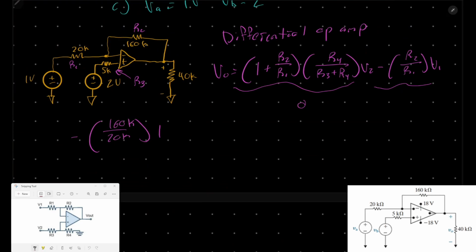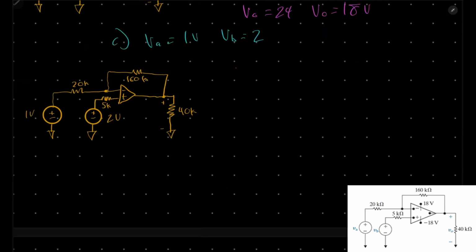Okay, for part C, we're going to have VA equal to 1 and VB equal to 2. Now, this amp doesn't follow any of our most simplified amps, so it is closest to our differential amp, which is going to be this right here minus this side.